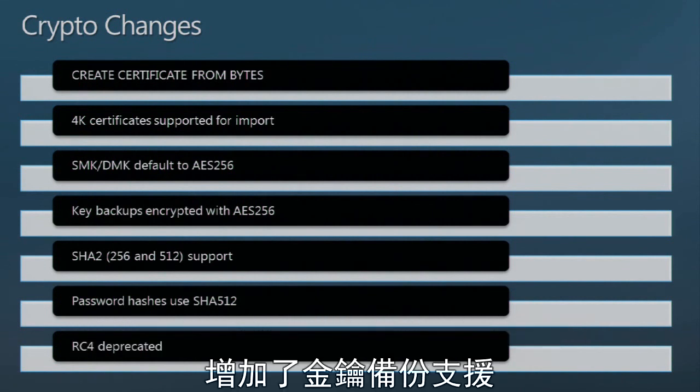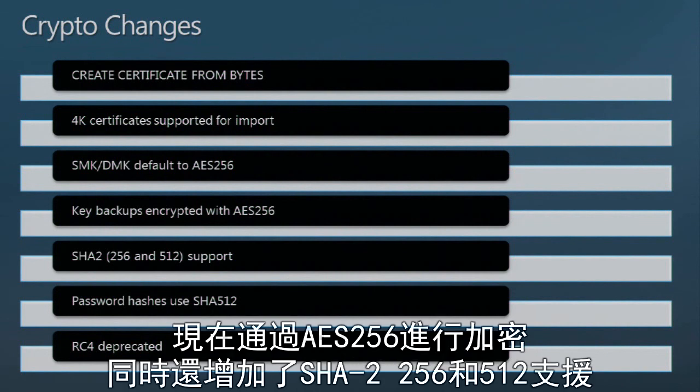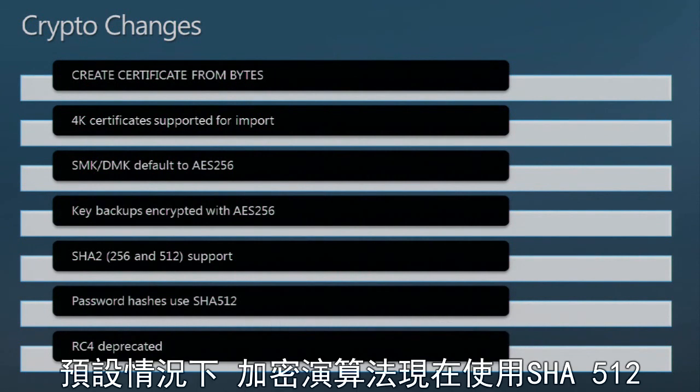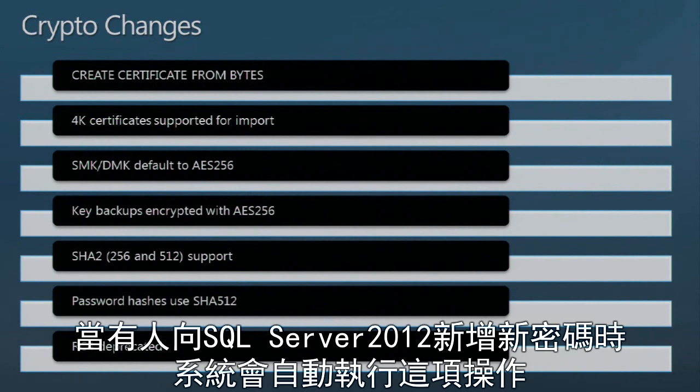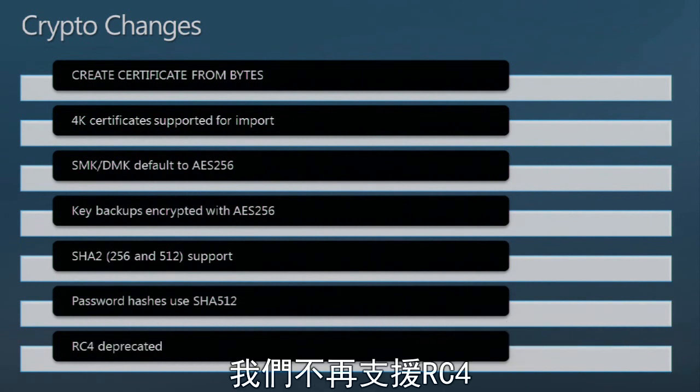We've added key backup support so that they're now encrypted with AES 256. And we've added SHA-2, 256 and 512 support. Password hashes now use SHA-512 by default. This will happen automatically as new passwords are added to SQL Server 2012. And we've deprecated RC4 support.